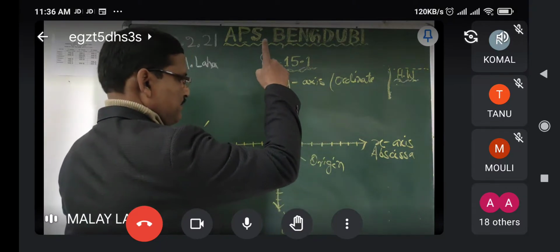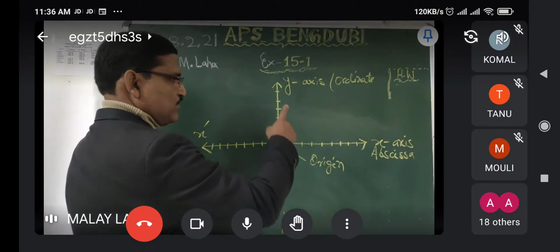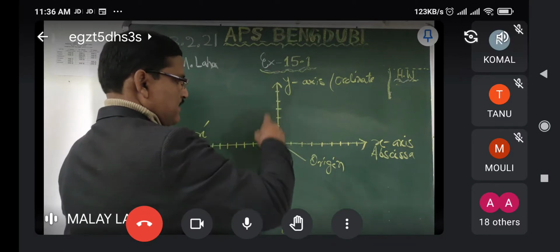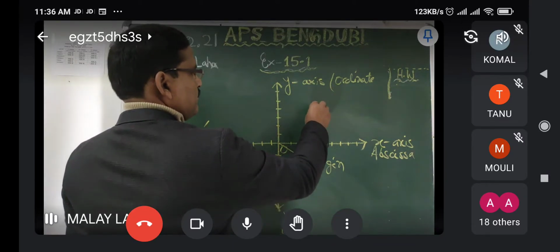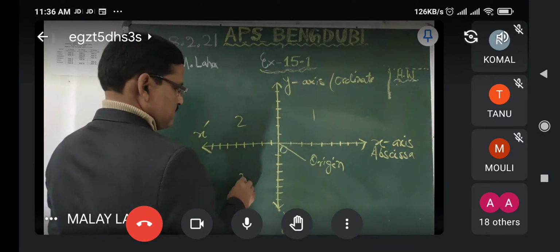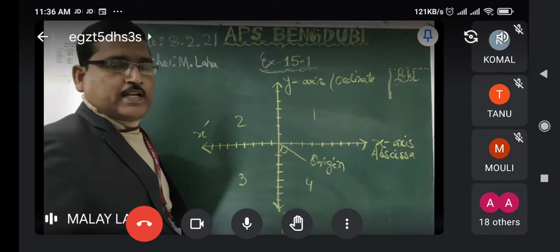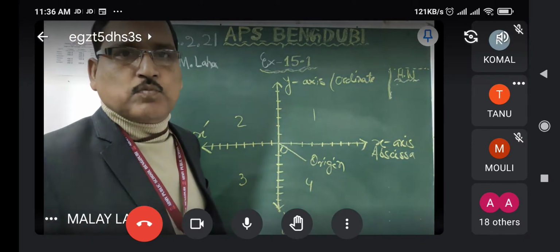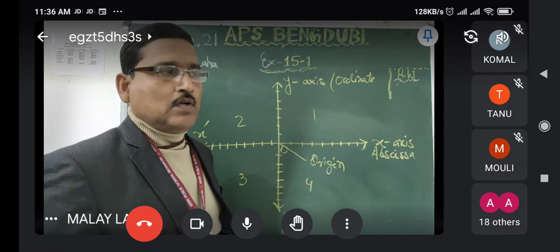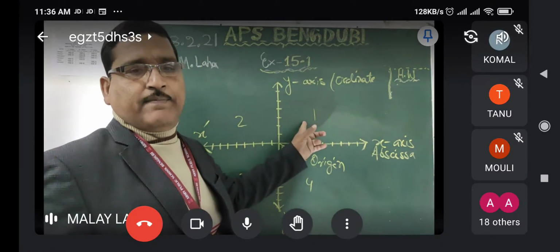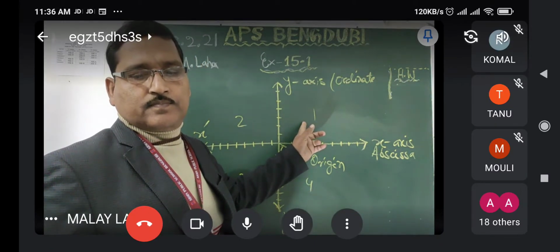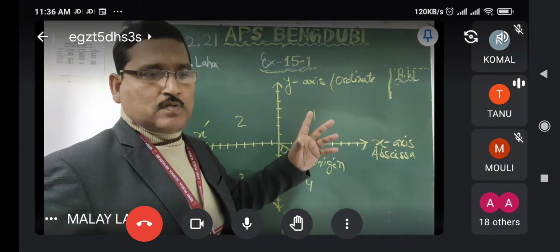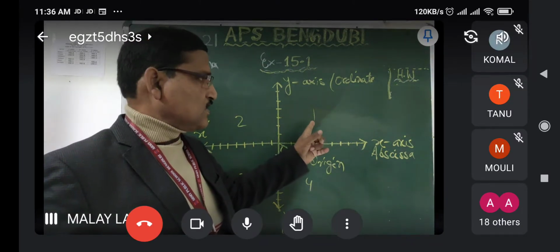Now when we divide the Cartesian plane, your graph paper, horizontally and vertically, it has formed 4 parts. What are the names of these 4 parts? What is the first part? The first quadrant.